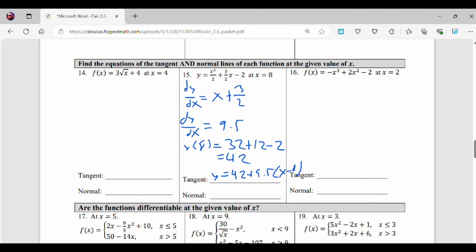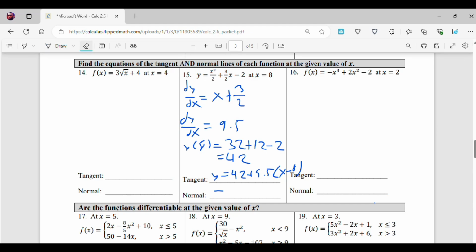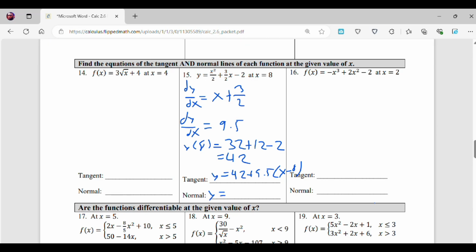And then for our normal line, it's the same exact thing, but we have the negative reciprocal of the slope. So hopefully you can read what I wrote, but if you can't, I did y equals 42 minus 1 over 9.5 times x minus 8.